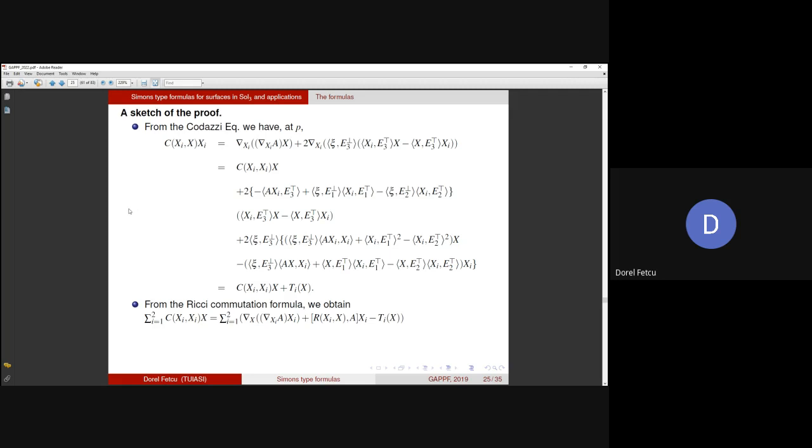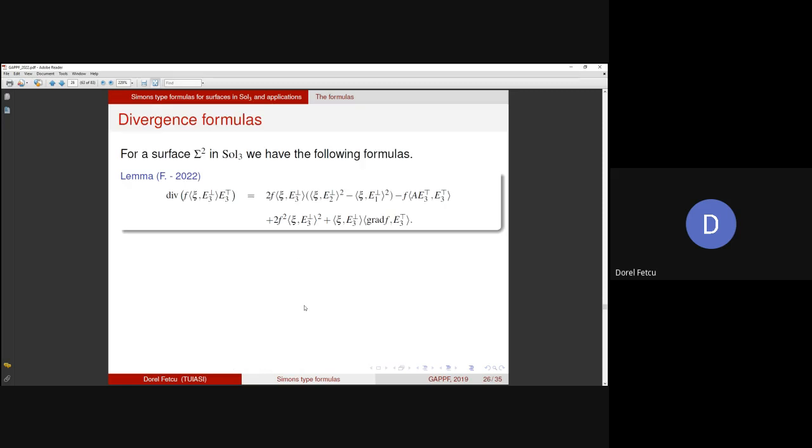Now, from the Ricci commutation formula, we have that this sum we need to compute has this form. And after some, again, very long but quite straightforward computation, using the fact that nabla_X A is symmetric and this formula for the curvature, we come to our result.